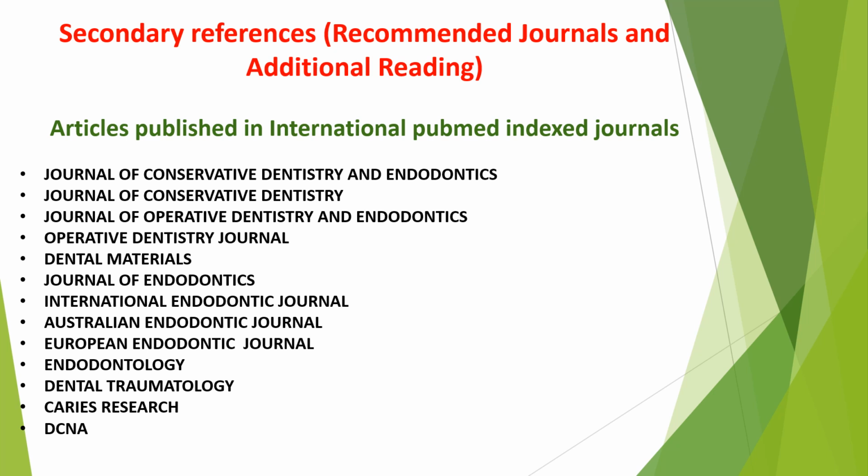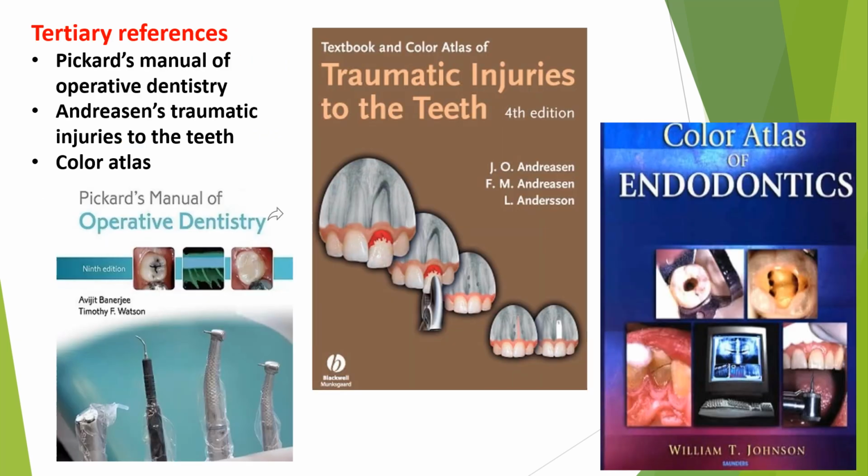So there are a few index journals, that is Journal of Conservative Dentistry and Endodontics, Journal of Conservative Dentistry, Journal of Operative Dentistry and Endodontics, Operative Dentistry Journal, Dental Materials, Journal of Endodontics, International Endodontic Journal, Australian Endodontic Journal, European Endodontic Journal, Endodontology, Dental Traumatology, Caries Research, and you have DCNA articles also.